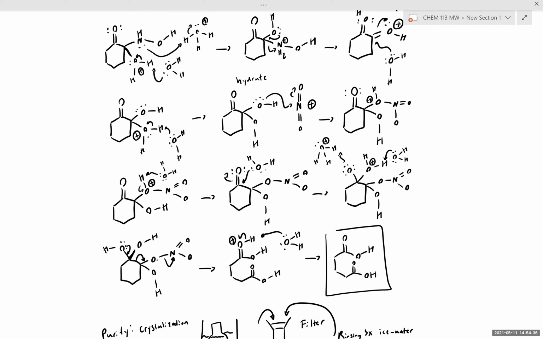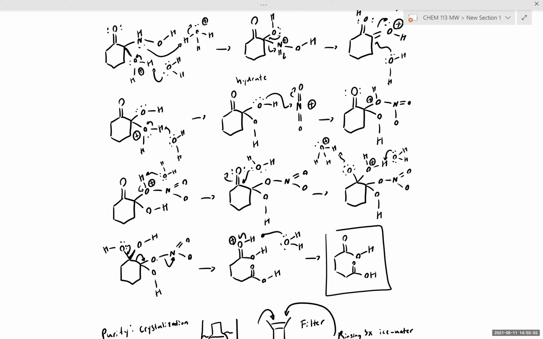And the beautiful thing about this reaction is for cyclohexanol in particular, this reaction is quite selective. So we don't have to worry as much about many of the side reactions that we typically see. These nitric acid oxidations are usually quite messy, but for cyclohexanol, the conditions have been refined to selectively give the desired product.